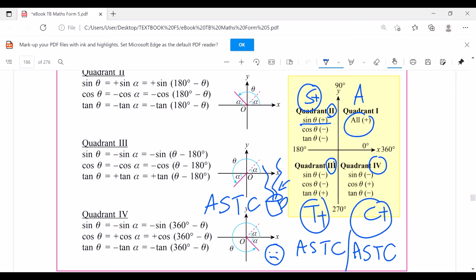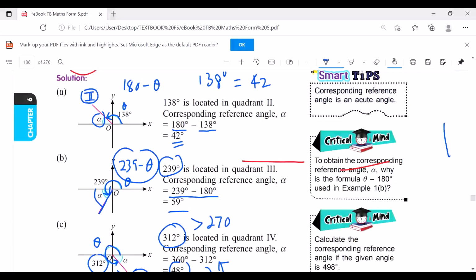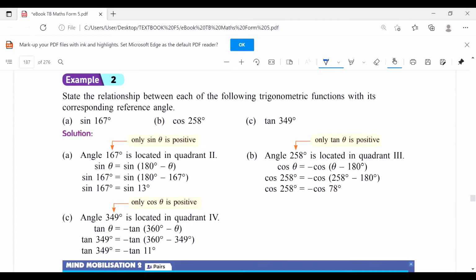Okay, so we look at the example. State the relationship. For sin 167, first you must tell where it is located.